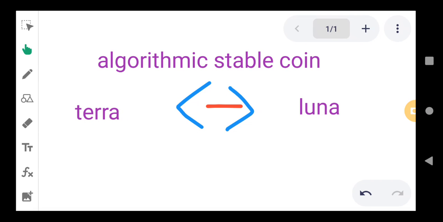All right. So first of all, for those who don't know, Terra and Luna are basically cryptocurrencies that can be traded on any crypto exchange. The difference is that Luna is basically a traditional crypto, whereas Terra is what they call an algorithmic stablecoin. Algorithmic stablecoin means that you can always convert Terra to $1.